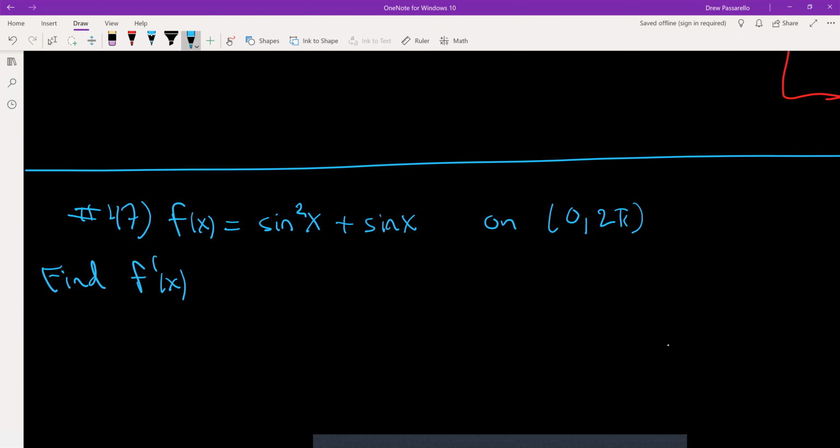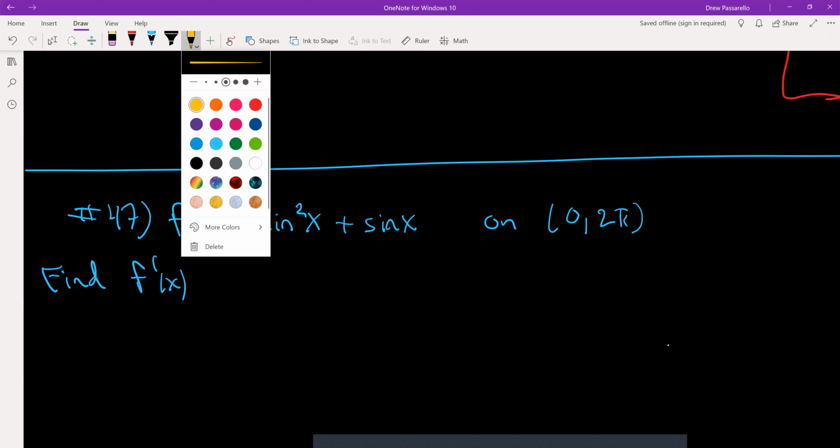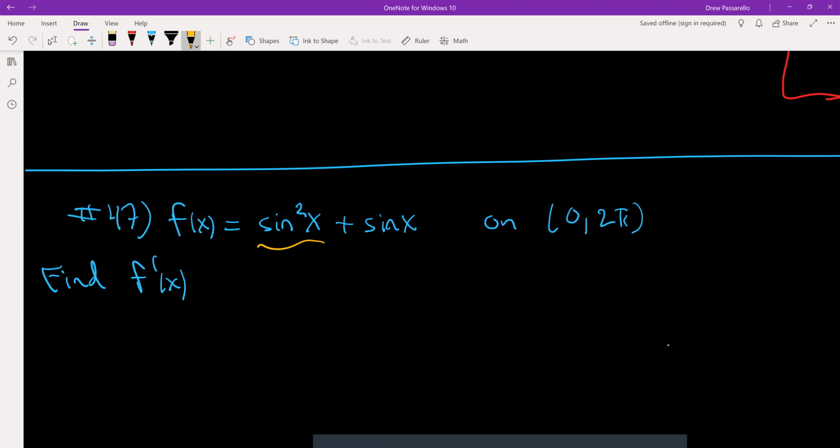All right, and if you want, you could write sine squared x as sine of x, squared. And if I find its derivative using the general power rule, that's what I'm going to apply.